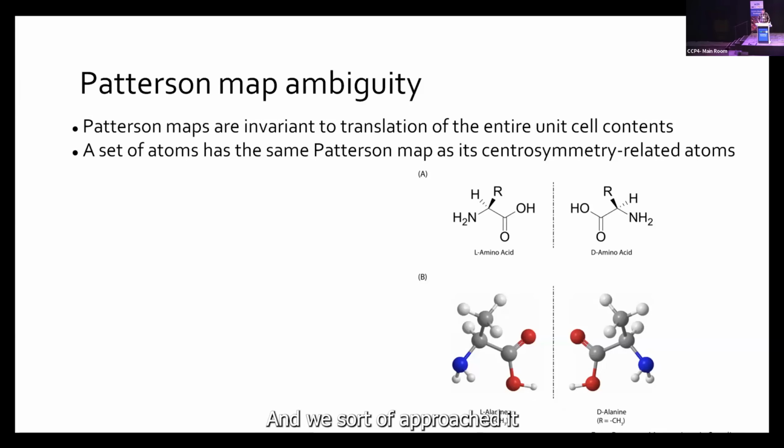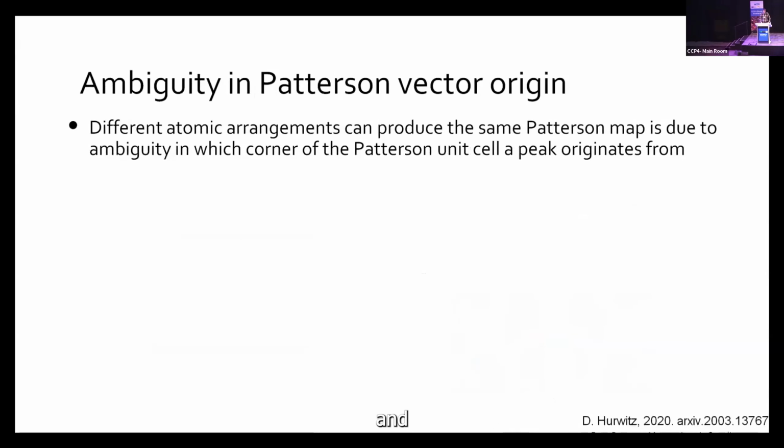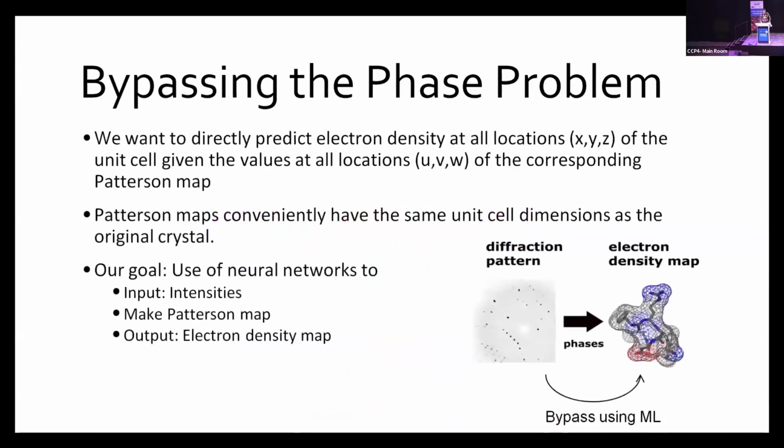We approached it differently by saying that since proteins are only a single hand, if we only give the algorithm a single hand, will it learn to produce our desired hand. There's also a question as to which peaks correspond to which origin, which can give rise to multiple structures giving the same Patterson map.